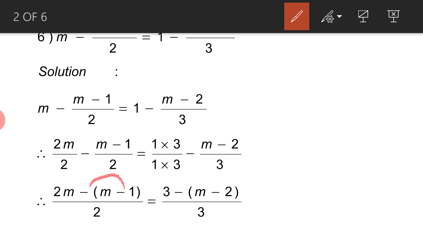So after opening bracket, what will you get? 2m minus m plus 1. And here also what will you get? 3 minus m plus 2. Isn't it? Minus minus will become plus because we are opening the bracket with minus sign. So that means we are multiplying by minus 1. So here it will be minus 1 times (m - 2) which is minus m plus 2. So let us go to the next step.